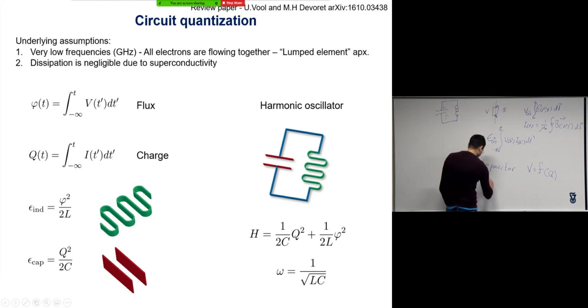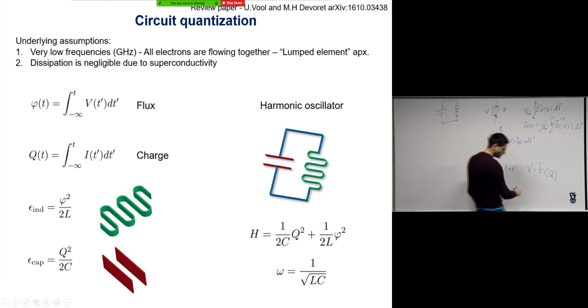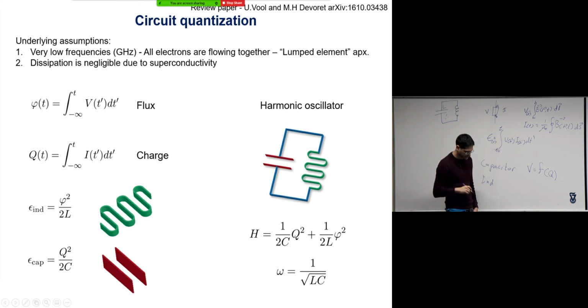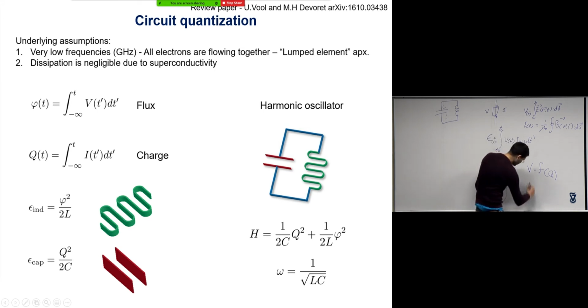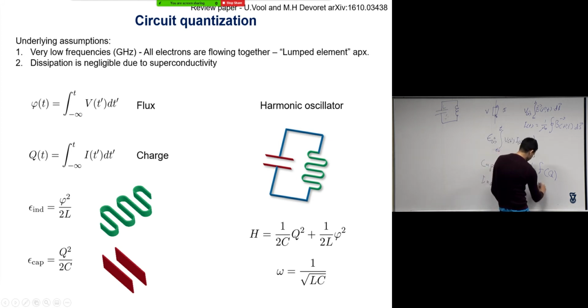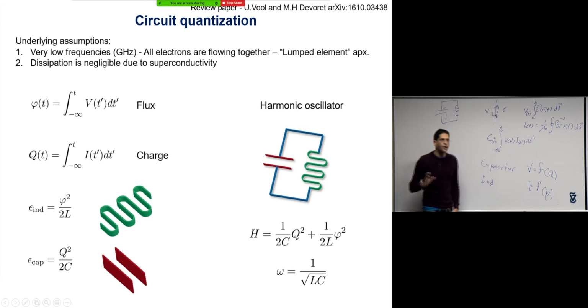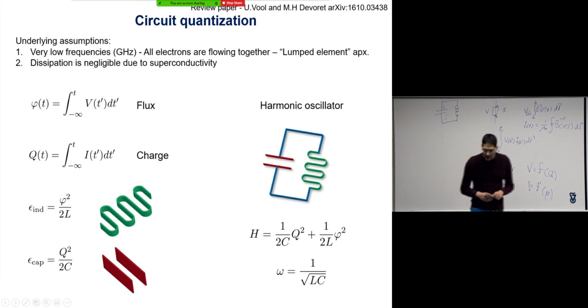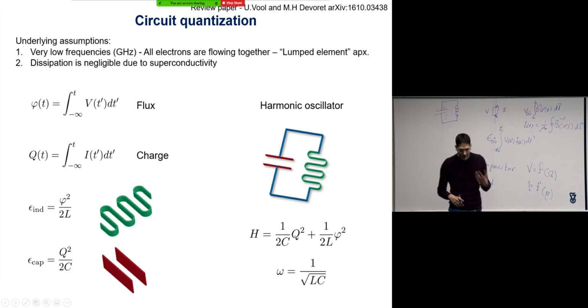For an inductor, the current is basically some function, it's not the same f, of just the flux. So this is how we define a capacitive element and an inductive element. And if you take these definitions, you can calculate the energy stored in a capacitor and in an inductor.